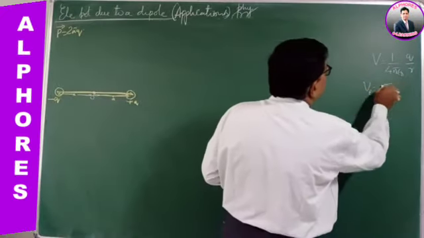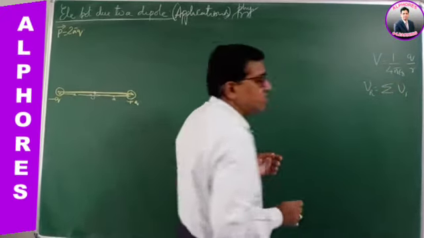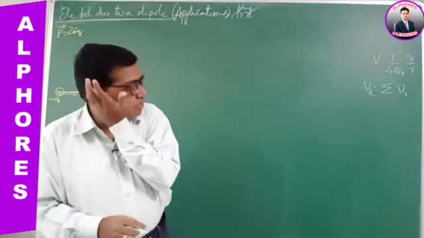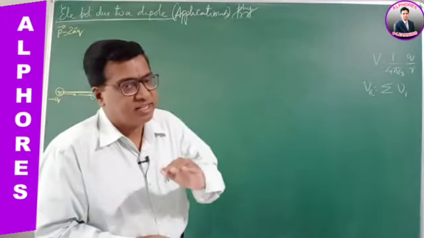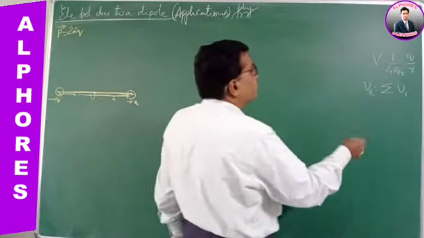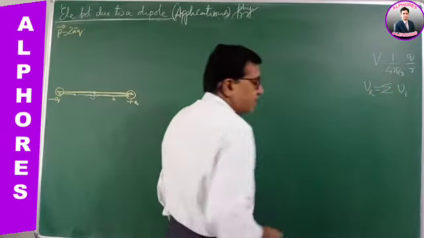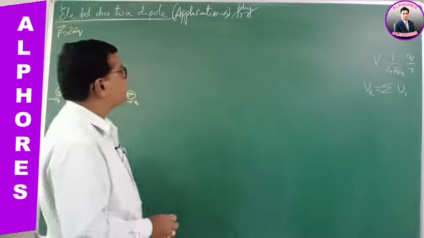It is the algebraic sum of all the individual potentials. Potential is a scalar. For a positive charge, it is plus. For a negative charge, it is minus. So you have to substitute the respective potentials to find the resultant potential.